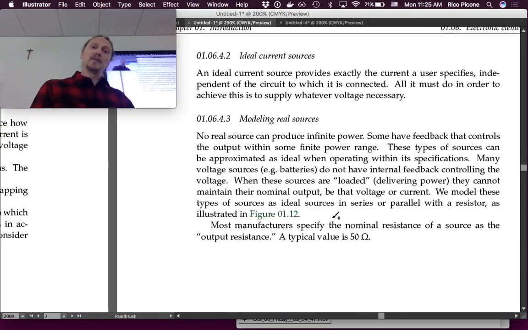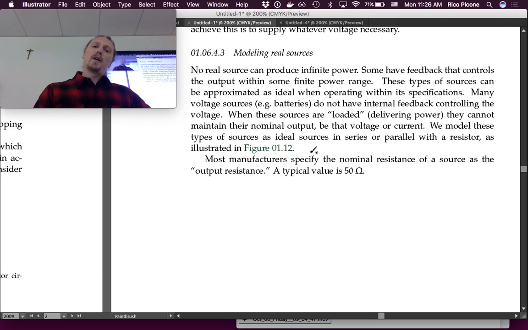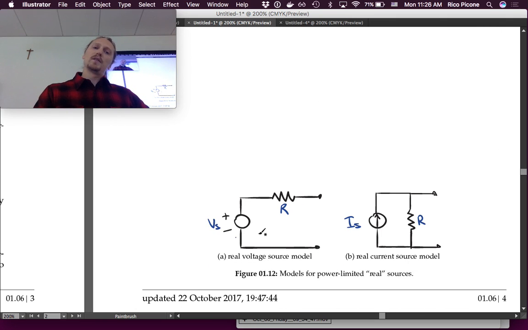Whereas an ideal current source supplies whatever current is specified, and will supply whatever voltage is necessary. A real source model we discussed for a voltage source is a series resistor with an ideal voltage source, and a real current source model, a pretty good model, is a current source in parallel with a resistor, like that.